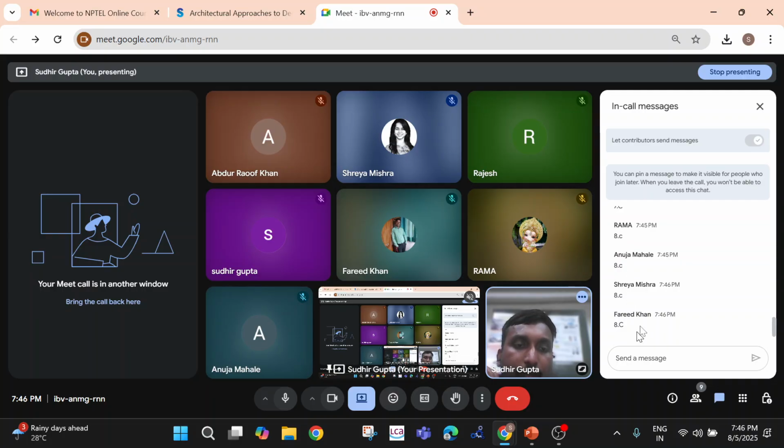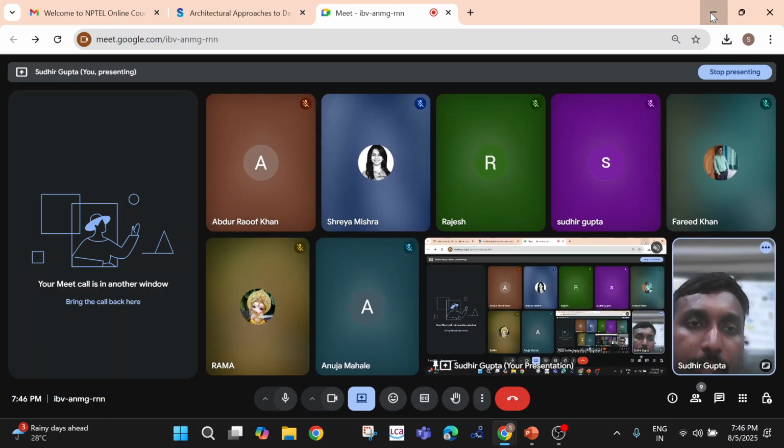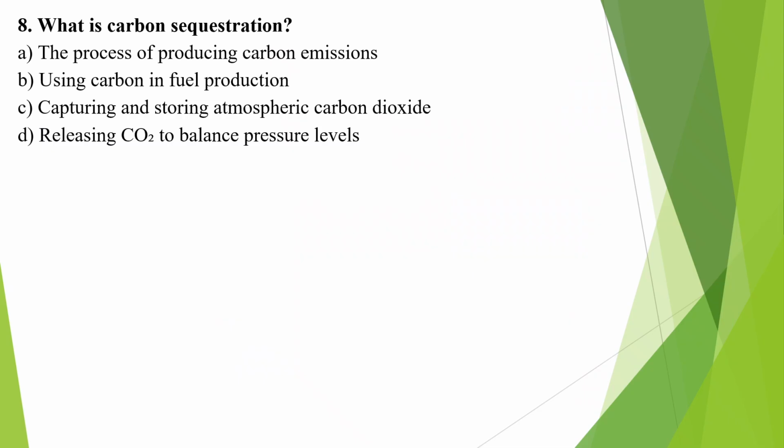All of you have voted for option C, that is capturing and storing atmospheric carbon dioxide, and all of you are absolutely correct. Carbon sequestration refers to the same, and this helps us reduce the CO2 levels in the atmosphere by storing it in forests or other sinks. So all of you are correct.